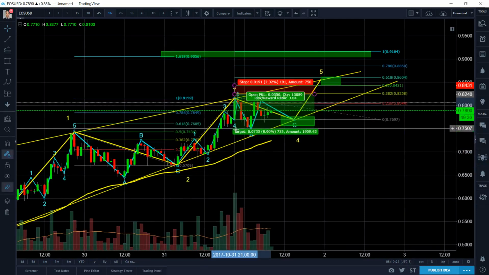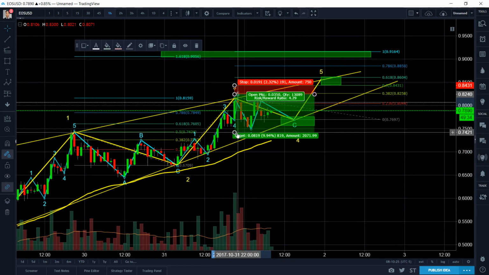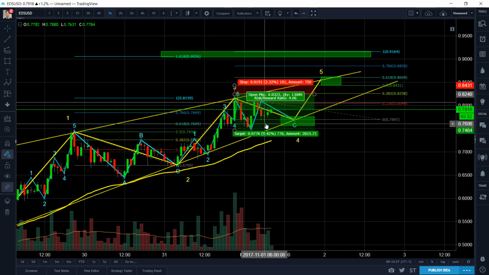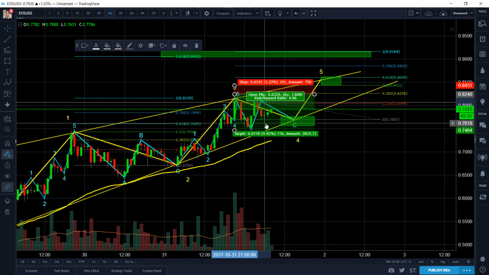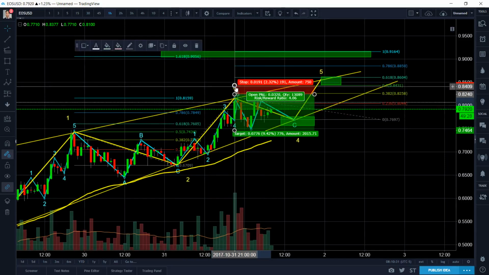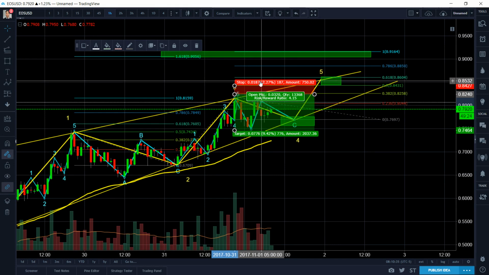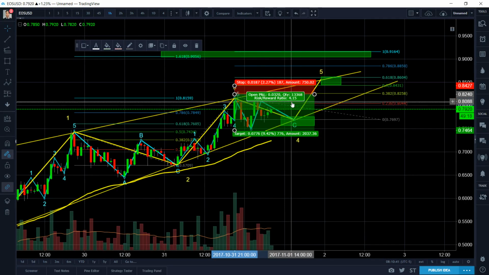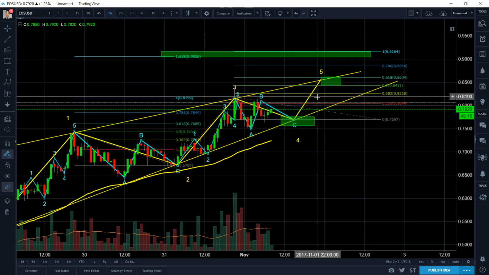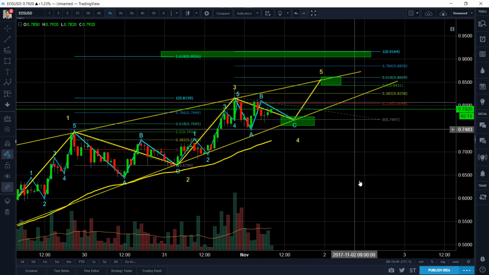So this risk to reward, you would set it slightly right here, okay? And this risk to reward was 4-to-1. So that means you only risk a little bit to gain a lot. You're only risking basically 1.8 cents per coin to gain 7.76 cents per coin. So that's a really, really good risk to reward, okay?